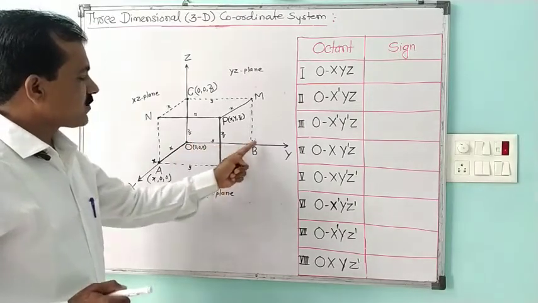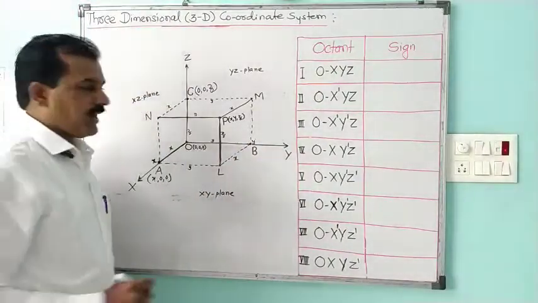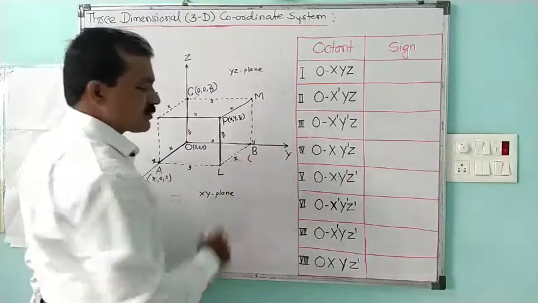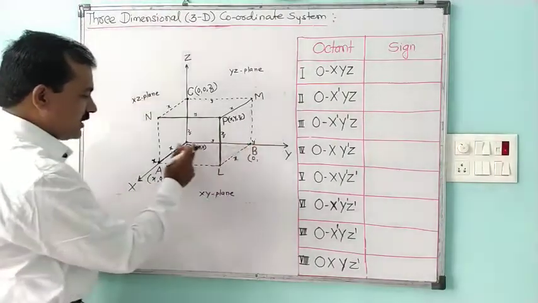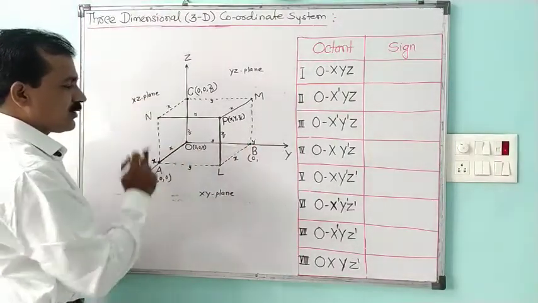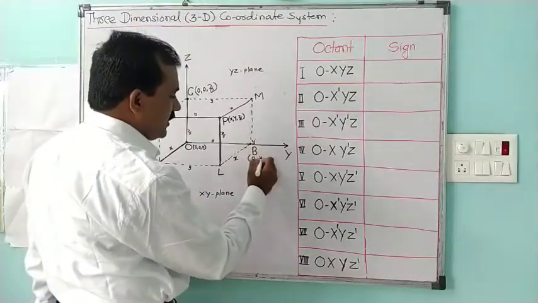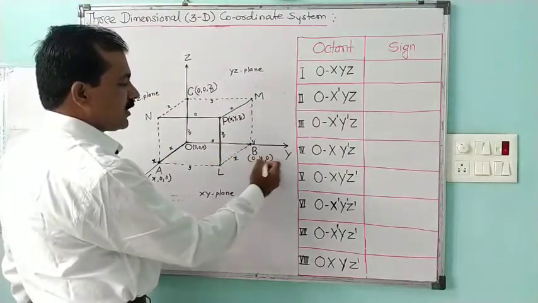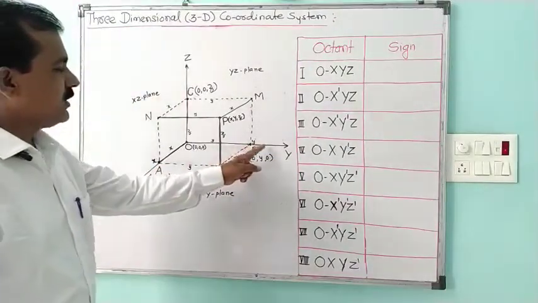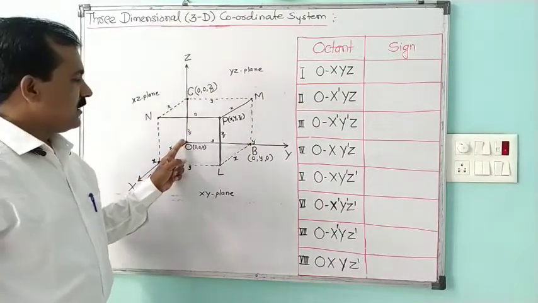So the O to B distance is y, and whenever this distance is y on the positive y-axis, for this point B the x coordinate will be 0, as the y-axis is perpendicular to the x-axis at the origin. That's why its first coordinate will be 0. The second will be the number at B, which is y, and the third coordinate, that is the z coordinate, is also 0 as the y-axis intersects the z-axis at the origin.